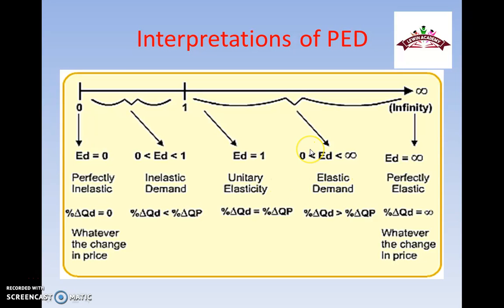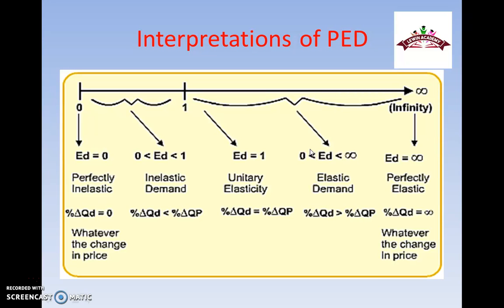And what if it's greater than 1, but less than infinity? Then your elasticity of demand will just be elastic. That means you have a positive response to a change in price. So you can respond.